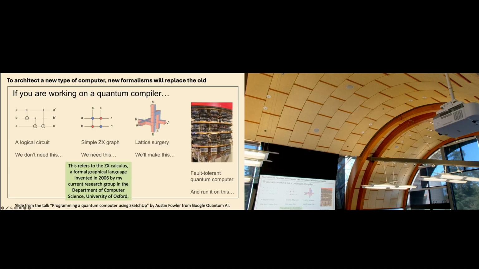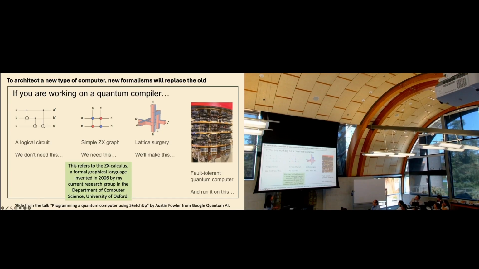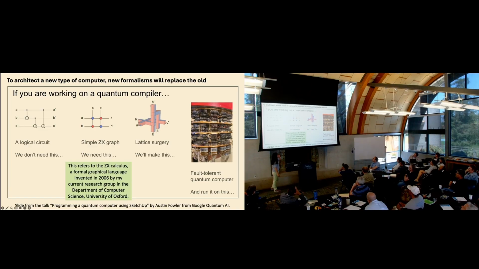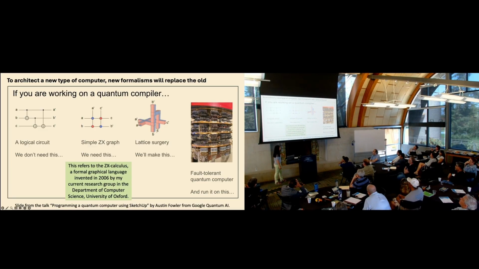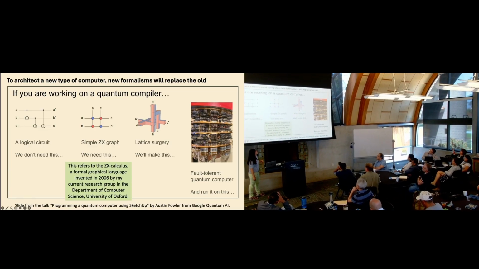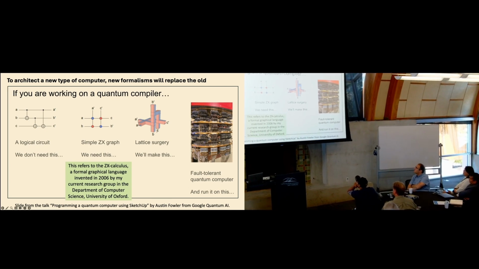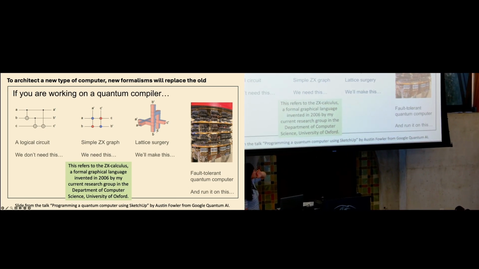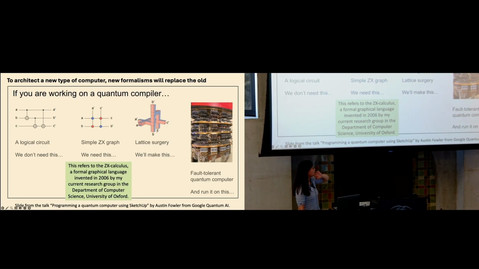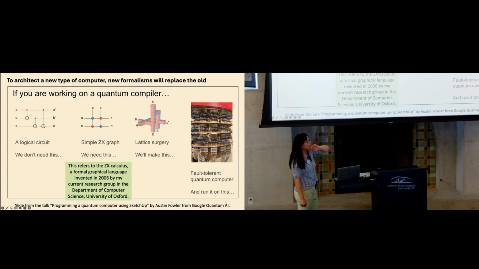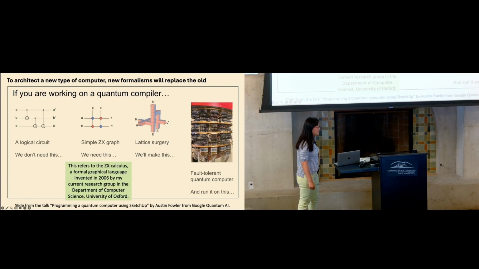So in this talk, I'll mostly talk about the ZX calculus, which is a formal graphical language invented in 2006 by the group I'm doing my PhD in, in the Department of Computer Science at the University of Oxford. We're seeing that this is gaining popularity across the quantum industry as well as academia as a way to do quantum computing research.